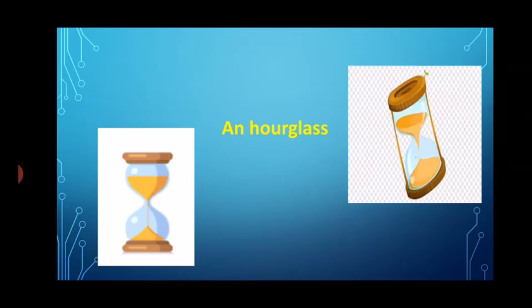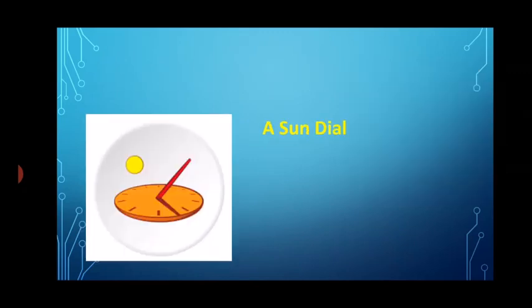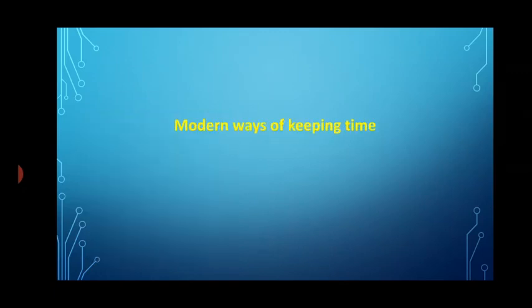There was one more thing called as a sundial. So according to the position of the sun in the sky, they used to measure the time. So this is a sundial. And now you have modern ways of keeping time.